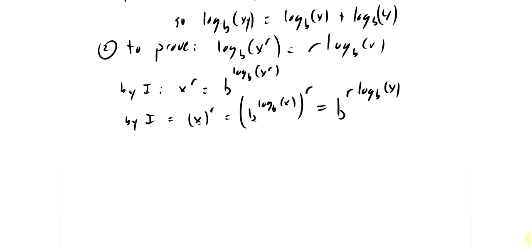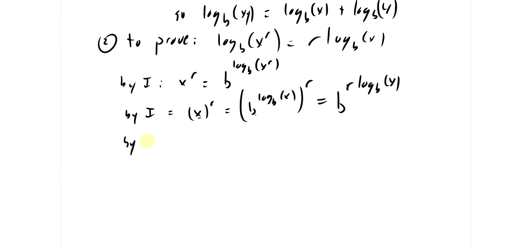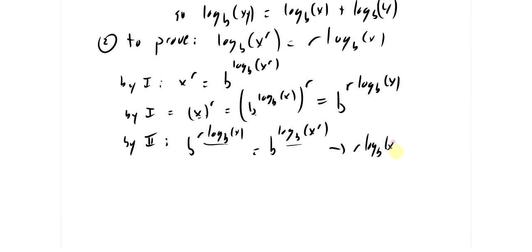And then finally, by part 2 above, what do we get? Well, this b to the r log base b of x equals x to the r, which is equal to b to the log base b of x to the r. And so what does that mean? That means my exponents have to be the same. R log base b of x equals log base b of x to the r.